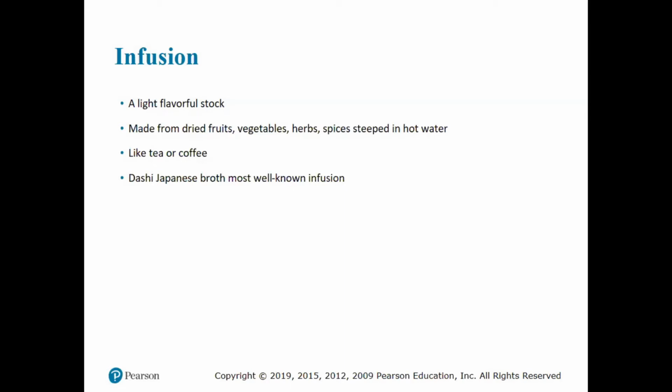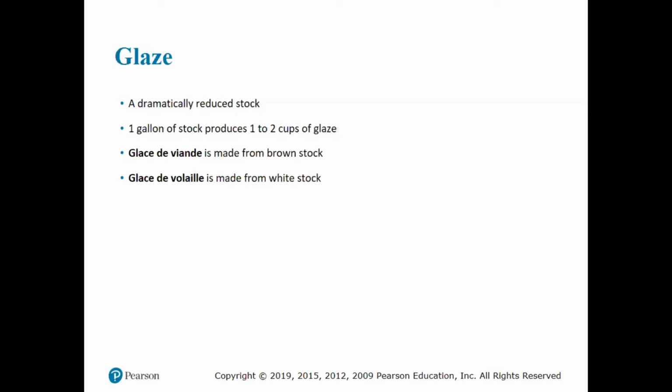Dashi is a Japanese broth that is used for a lot of different things. But you could steep different herbs or spices into hot water and then use that as a cooking medium or use that as a sauce medium. Same thing with the dried fruits or working with vegetables, things along those lines. Something a little different than what you would see with your traditional sauce-making processes.